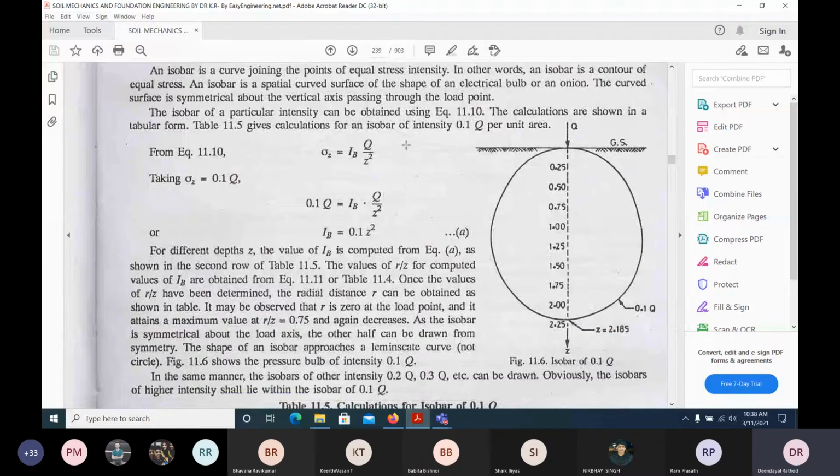If you draw and calculate for different distances and depths, you will find a bulb below that point load, called the isobar. We can plot so many isobars, depending on the load, because of the point load.